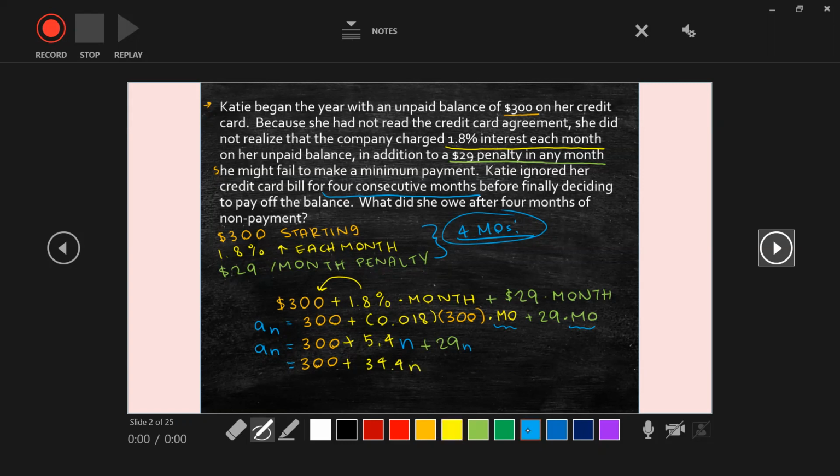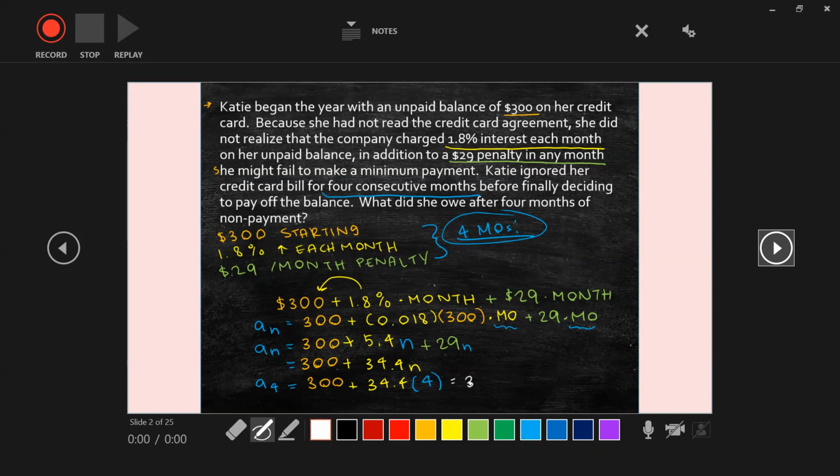If we're trying to find what happens after 4 months, isn't that the same thing as finding a sub 4? Which is going to be 300 plus 34.4 times N. Well, N is going to be our 4. And then we put this in the calculator.